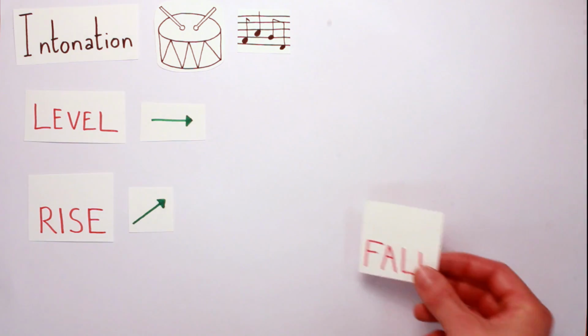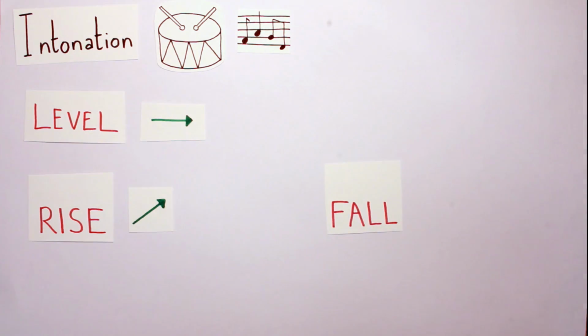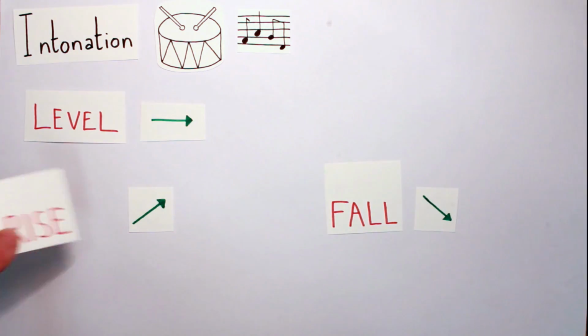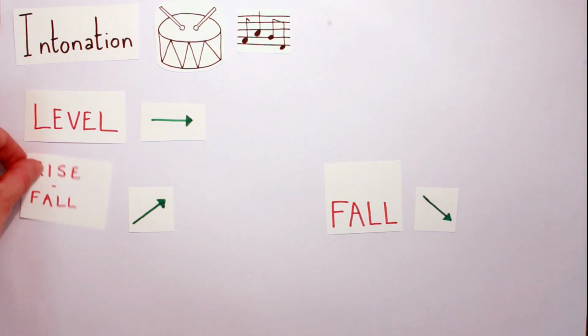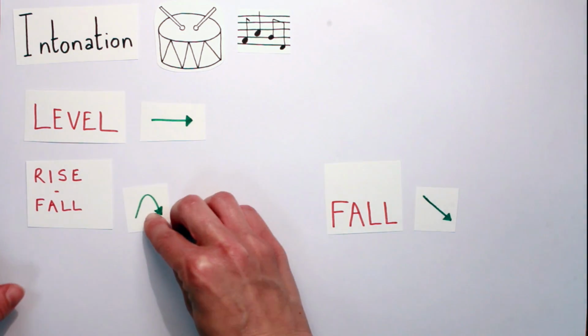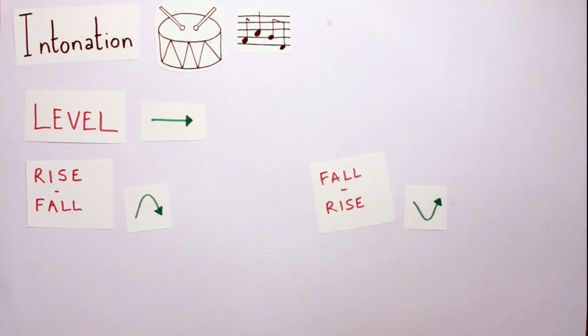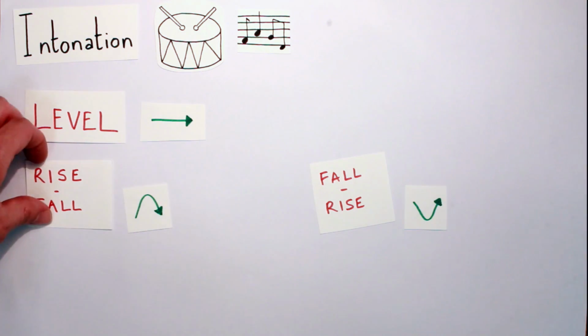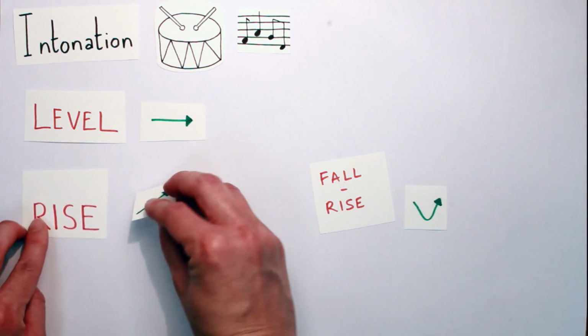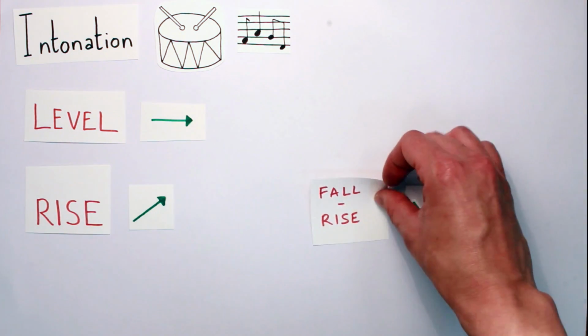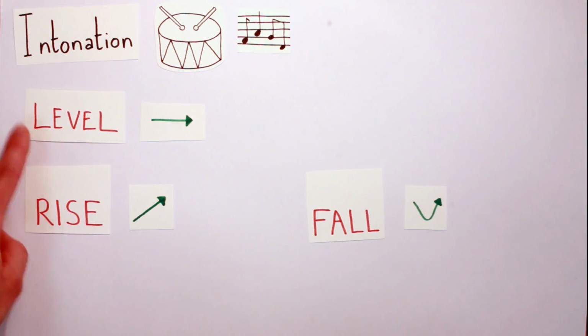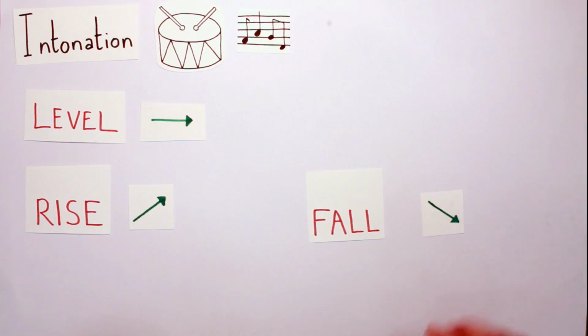That's the third type of basic intonation. Fall. That's when your voice goes down. There's also rise, fall, and fall, rise. But they're a bit complex, so we won't be talking about them today. So today we're just going to focus on level intonation, rising intonation, and falling intonation.